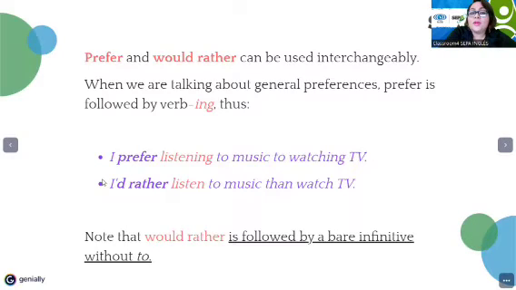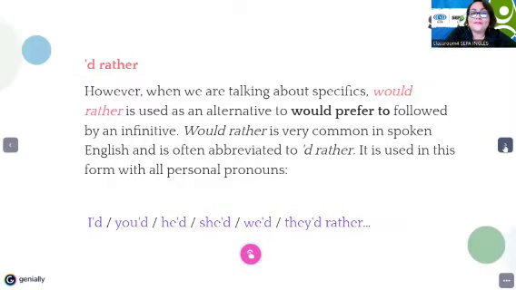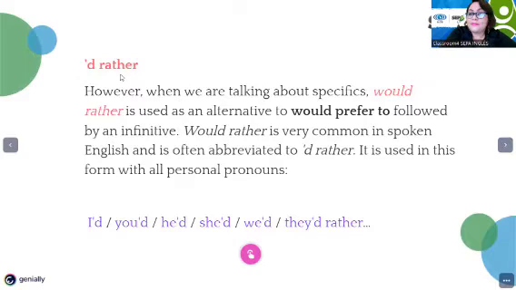When I'm talking about rather, I'd rather listen, the verb is an infinitive without to. Okay? Let's see. The apostrophe is the contraction of would. Would rather. Instead, I have the construction here that is rather.